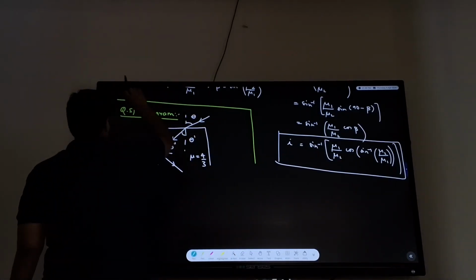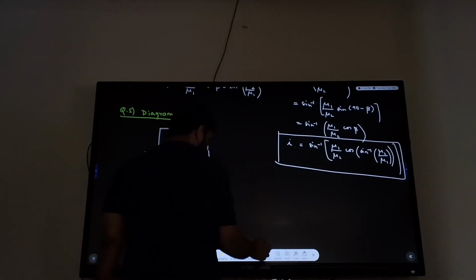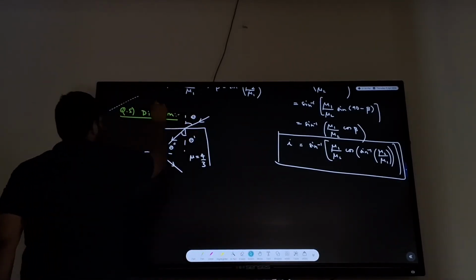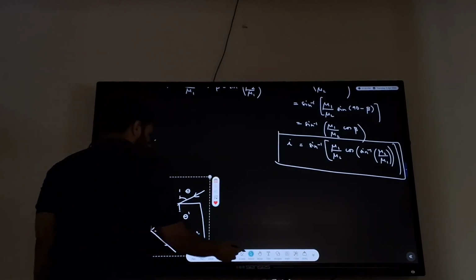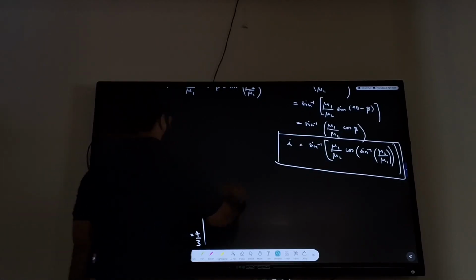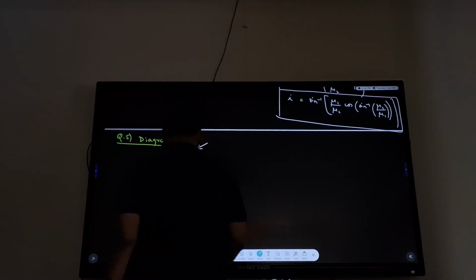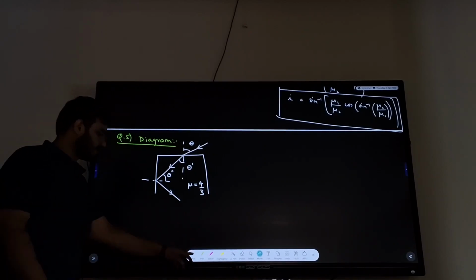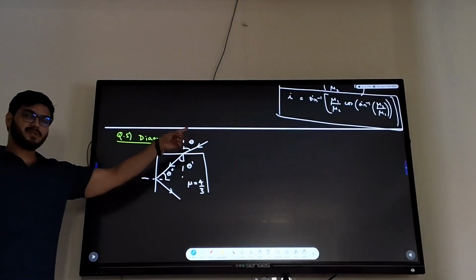Rakesh, what is given in the question? That this medium is the air, right?